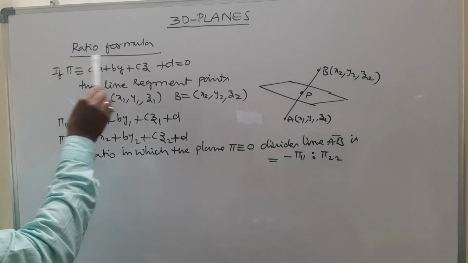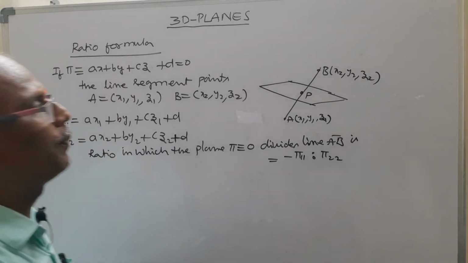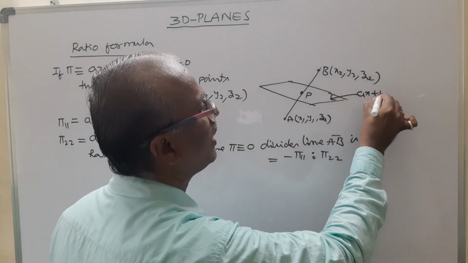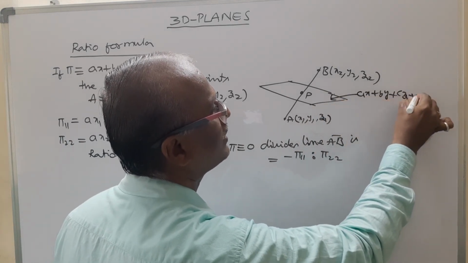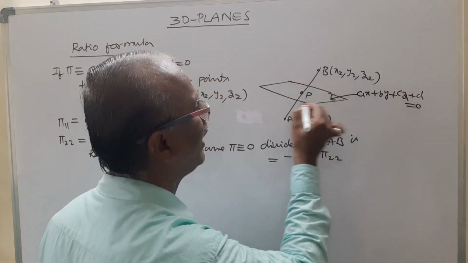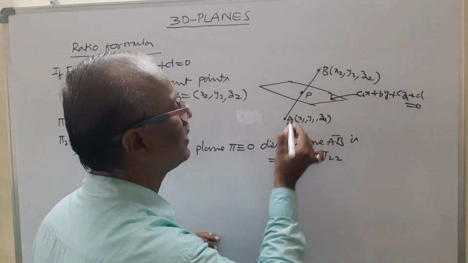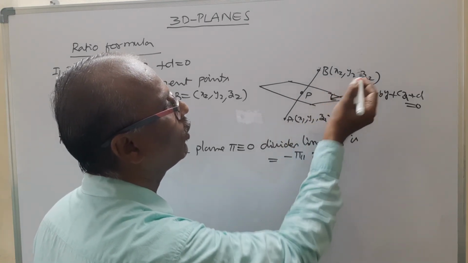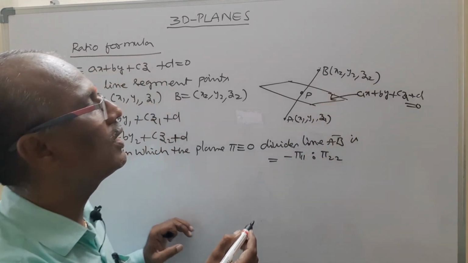Next one, ratio formula. Here the plane equation is ax plus by plus cz plus d equal to 0. This is the equation of plane. Here the line segment endpoints are capital A equal to x1 comma y1 comma z1 and B equal to x2 comma y2 comma z2.